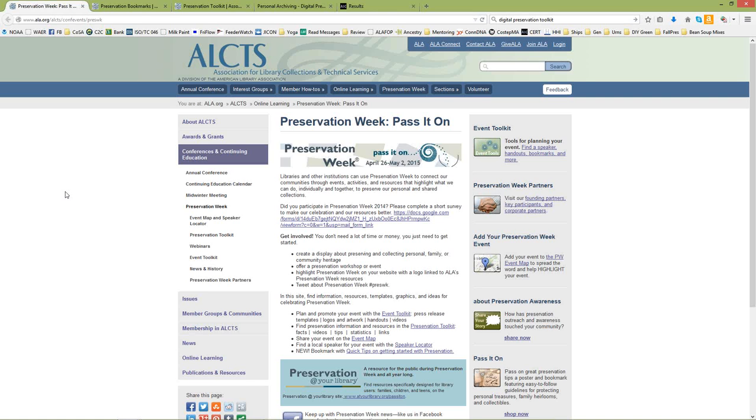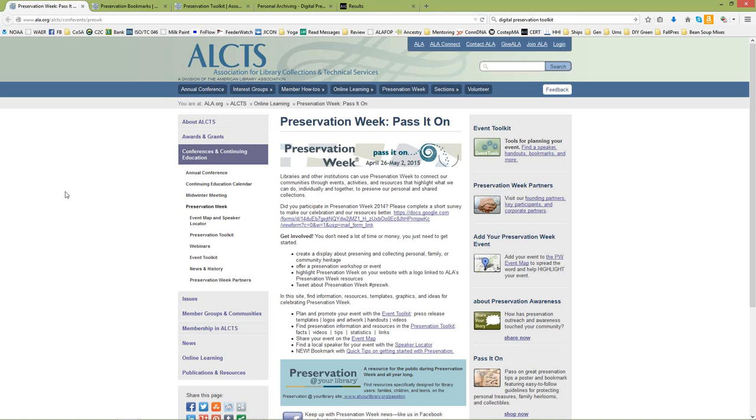Well, if you are already a member of ALA, you can always join the ALCTS section, which is the Association for Library Collections and Technical Services. You can see why we shortened it to ALCTS. And that is where the preservation and reformatting section is. It's a great way to just learn more about preservation.